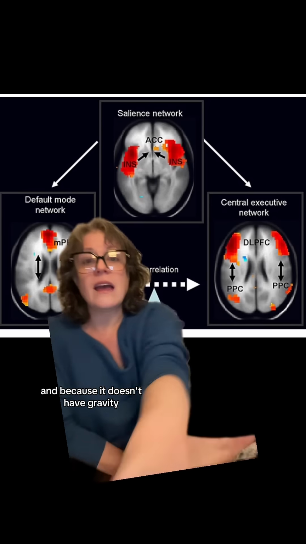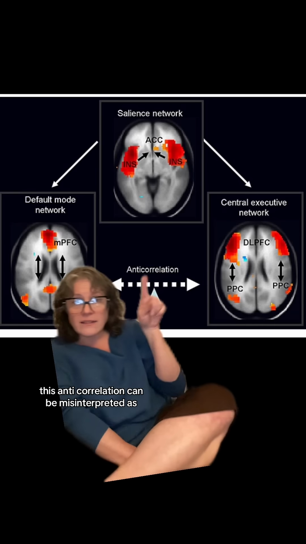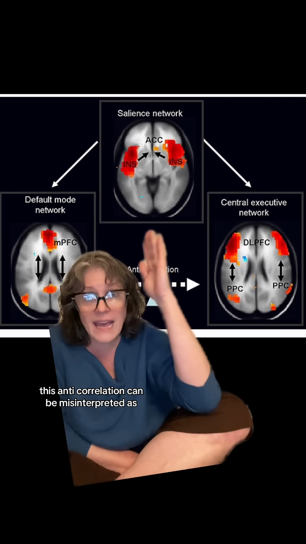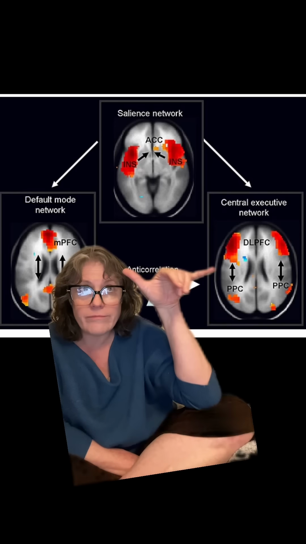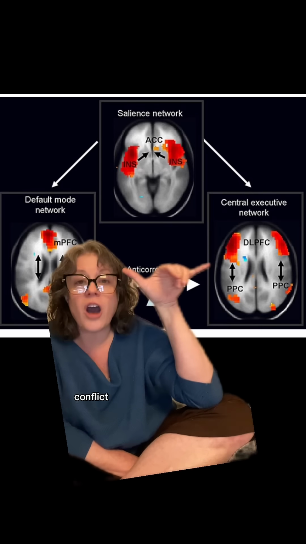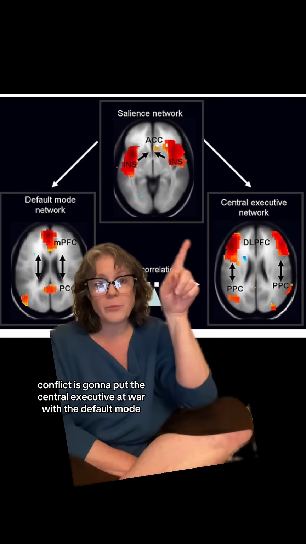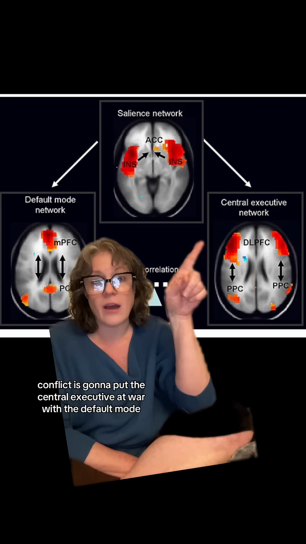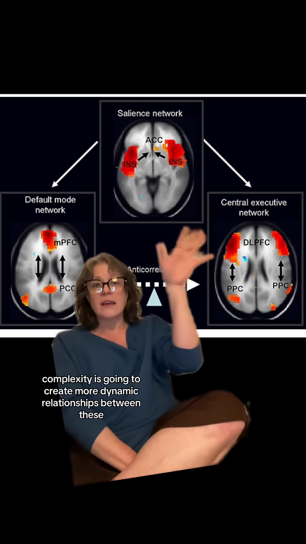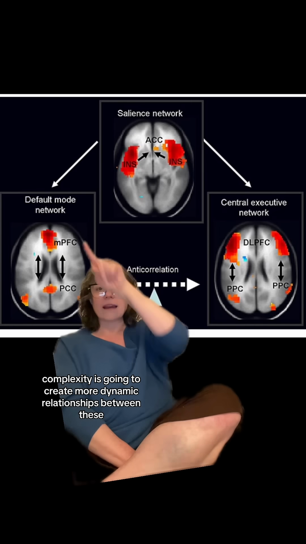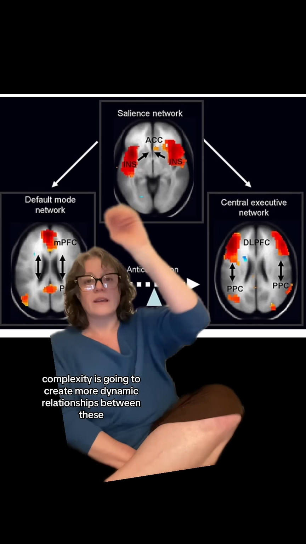And because it doesn't have gravity, this anti-correlation can be misinterpreted as conflict. Conflict is going to put the central executive at war with the default mode. Complexity is going to create more dynamic relationships between these.